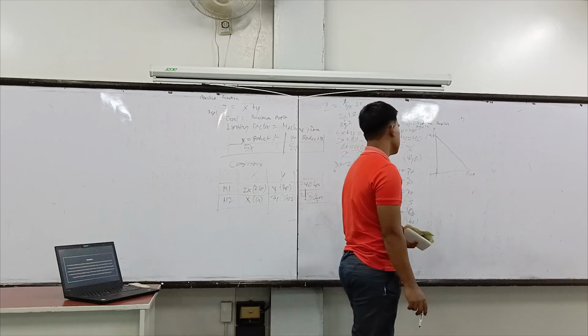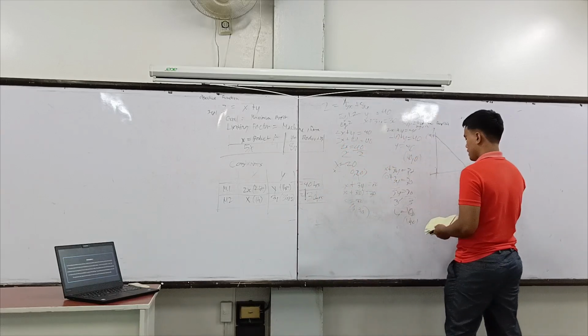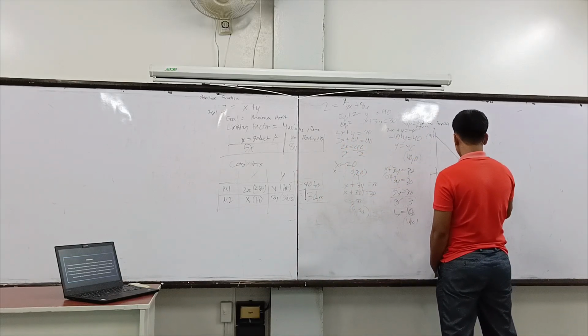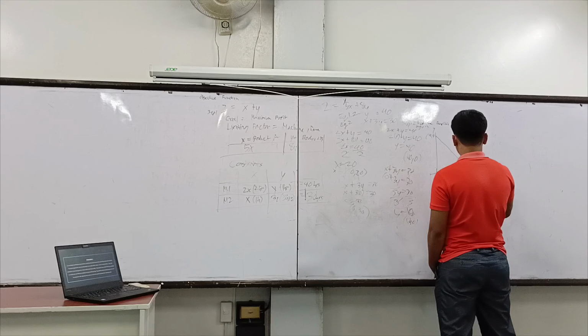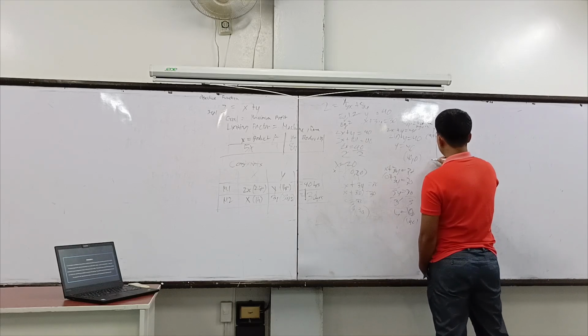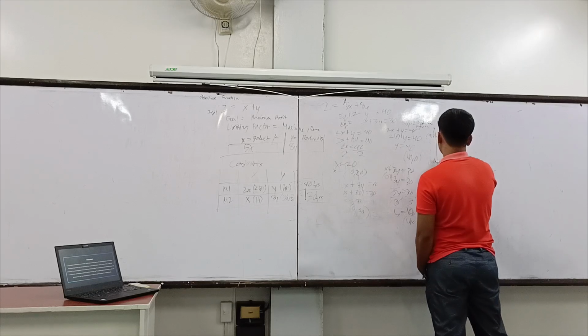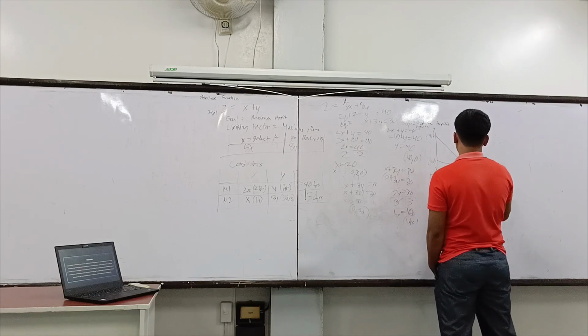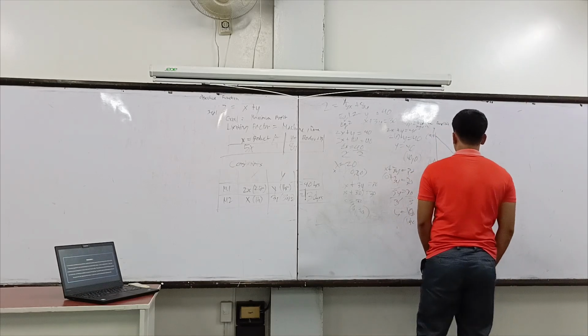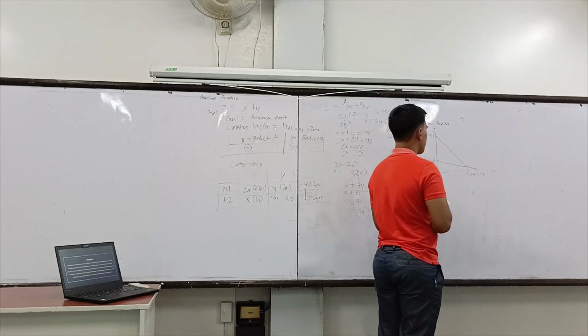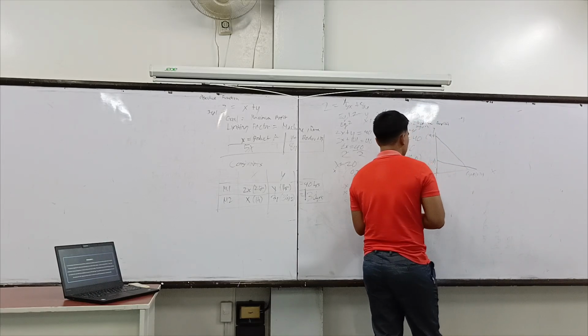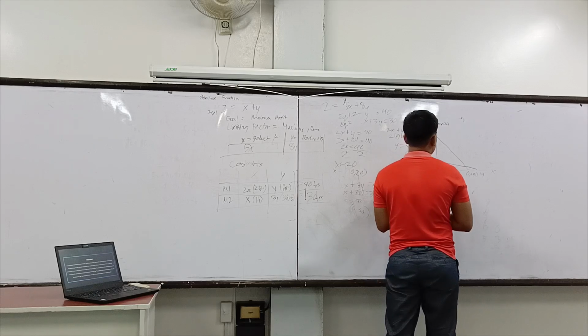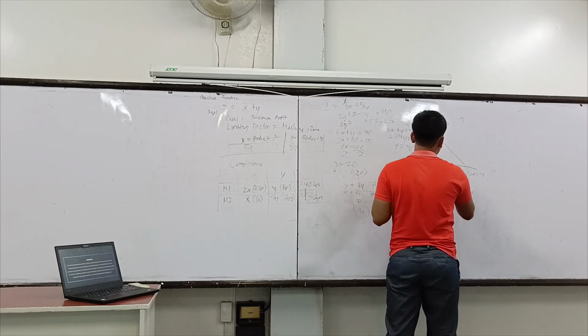Now, in equation 1 the x value is 20 and the y value in equation 2 is 10. Connect it. Now, we're gonna see where both lines intersect.